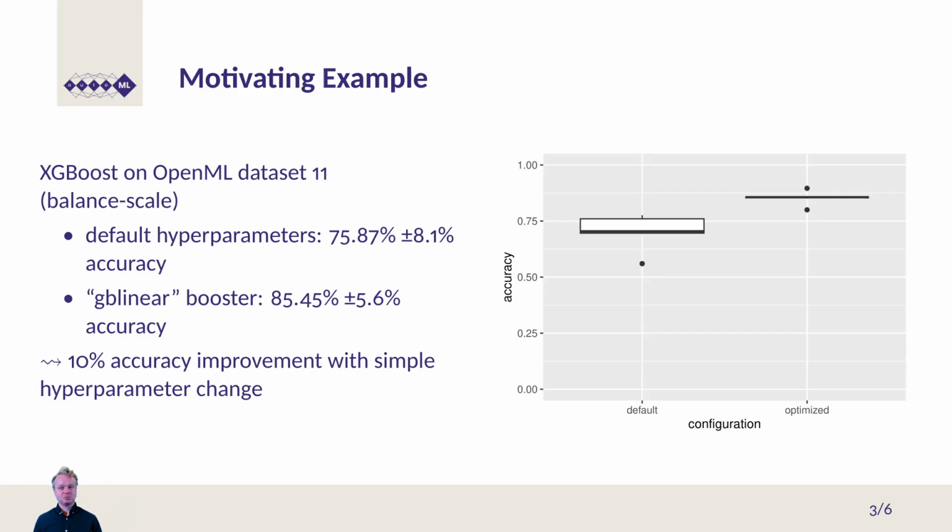So this is about 10% accuracy improvement, and in particular this is something that falls outside of the range of the standard deviation, as in it is unlikely that this is simply caused by noise, with a very simple hyperparameter change. So all I've done here is swap out one of these hyperparameter values, and of course XGBoost has many more, but even with a simple change like that, we can already, in at least some cases, as in this example here, achieve some performance improvements.